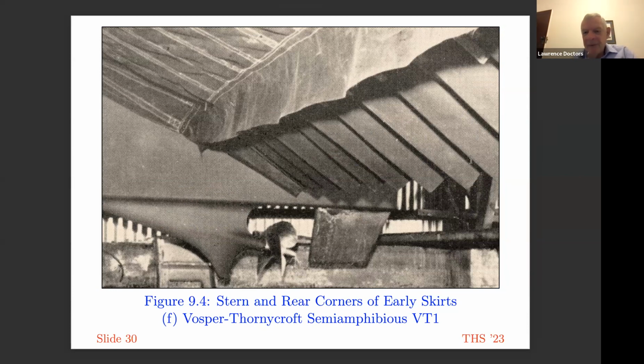There's the outer fingers which contain the cushion pressure, and then we've got the internal fingers which give you a shape here which hopefully doesn't scoop too much when encountering waves. And this vessel couldn't travel over land, and we can see the physical keels that actually go into the water and the water propeller there. And here's a water rudder.